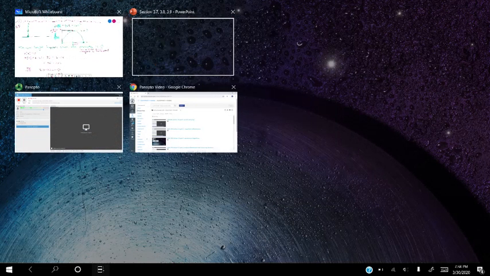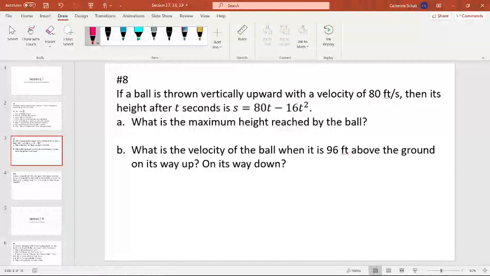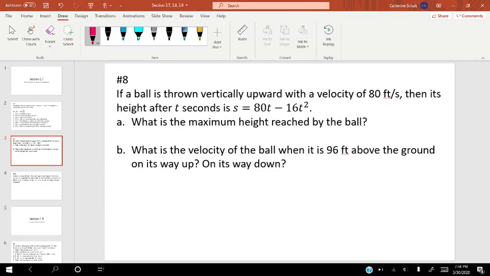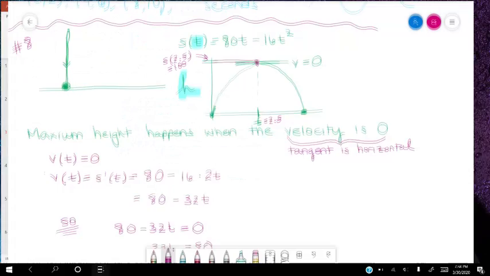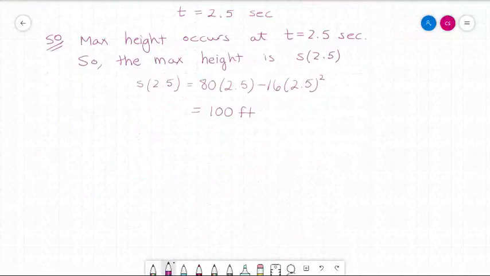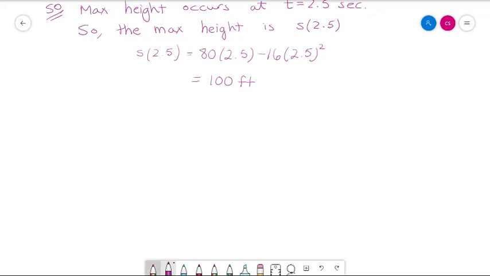Let's see what's in store for us next. What is the velocity of the ball when the ball is 96 feet above the ground on its way up and on its way down? Okay. Let's just draw that. Graph is getting a little bit crazy. Let's draw a new graph. Okay, so we have this scenario.